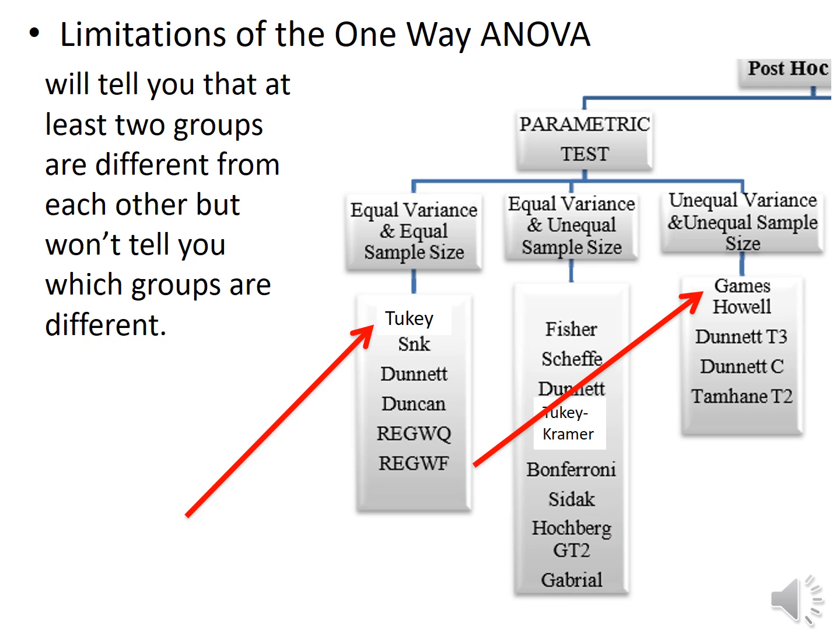Maybe for one group, there are only 15 respondents, for another group or level there are 25, and for another group or level there are 18. So we have unequal sample size. So again, we select from either of these tests.